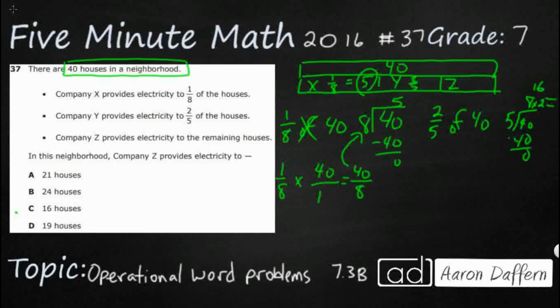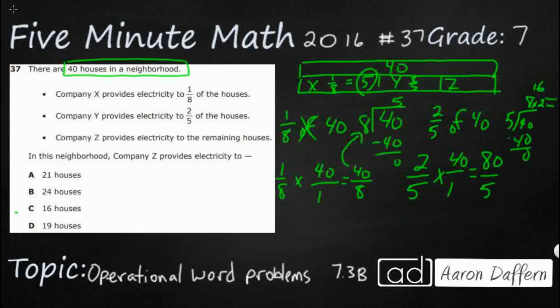The other way to do that is to look at it like this. 2/5 times 40 over 1. Now it's going to be a little bit different here because we have to multiply across. So 2 times 40, that's going to give me 80. 5 times 1 is 5.